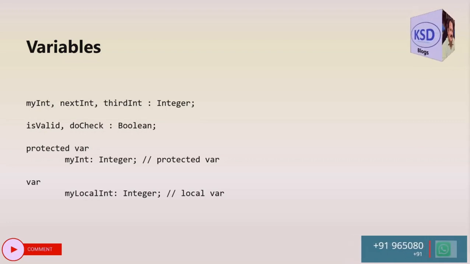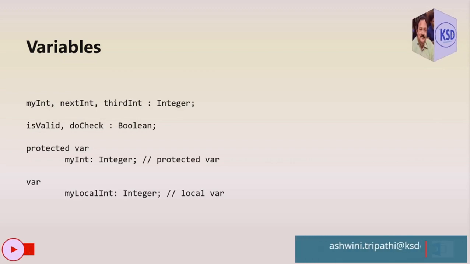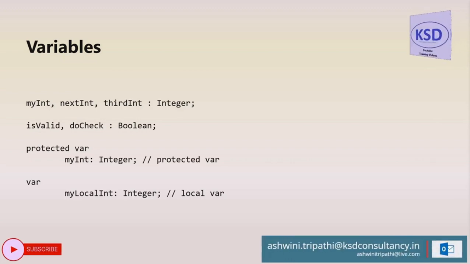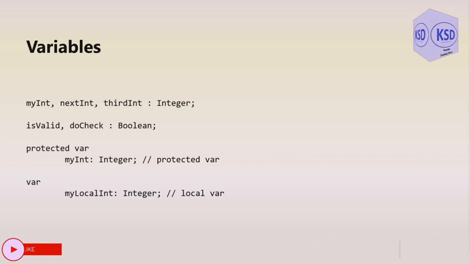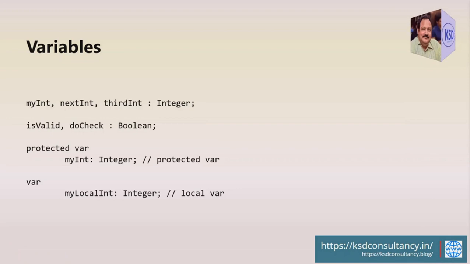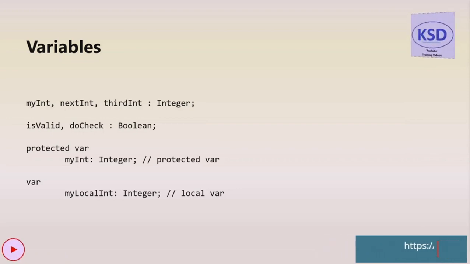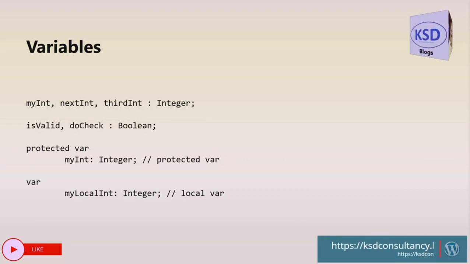If you want to expose only some variables as protected, you must create two sections in your var declaration: one with protected var and one with only var. Variables defined under protected var are protected variables, and if you use only var, you are defining normal variables.